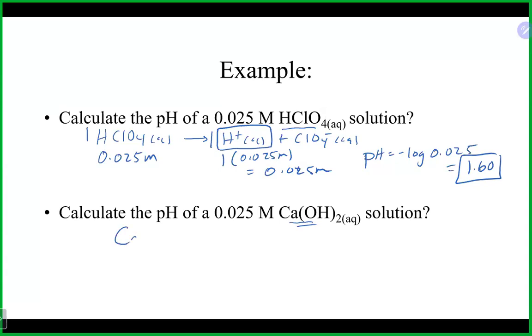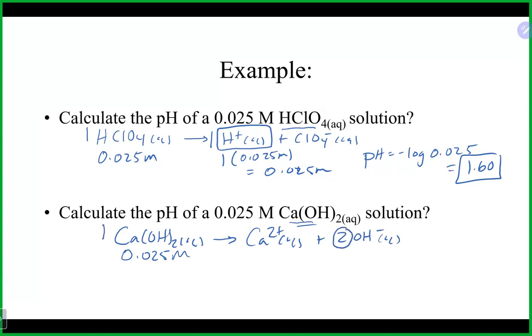So when this breaks apart in solution, again, we're going to get a calcium ion. And in this particular case, we're actually going to get 2 hydroxide ions, similar to the question that was just asked there. It is the hydroxide here with the base that we're interested in. Since we know the concentration of the whole thing is 0.025 molar, this is a 1-to-2 relationship.